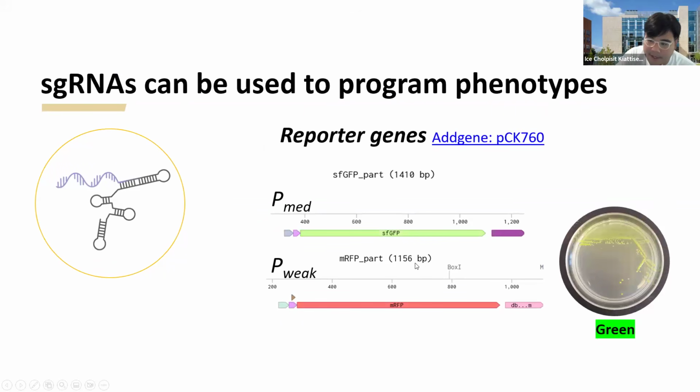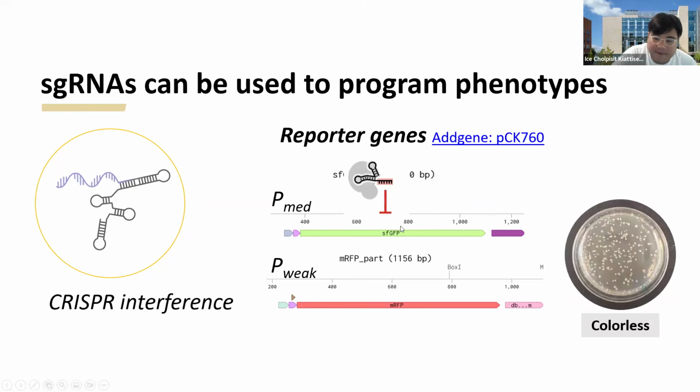So for example, if we have some reporter genes and we want to make a gRNA that can manipulate the green fluorescent protein or red fluorescent protein. In my lab, we do the CRISPR gene regulation processes called CRISPRa and CRISPRi. A stands for activation and i stands for interference.